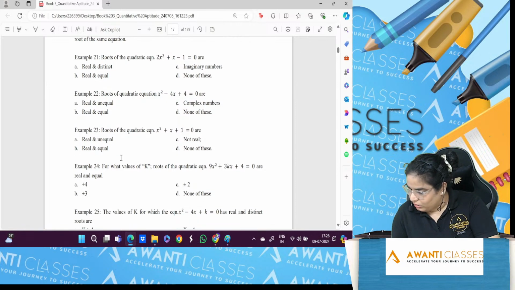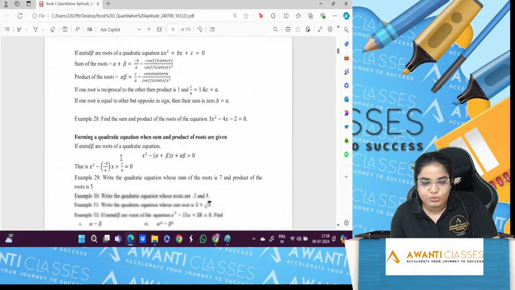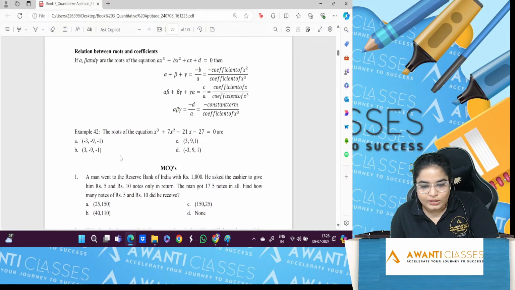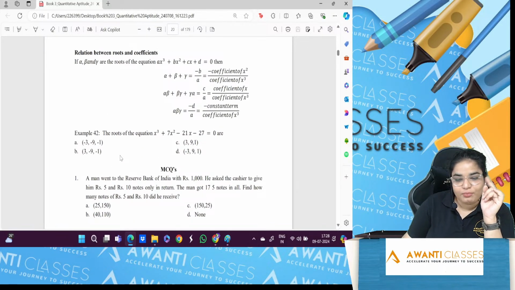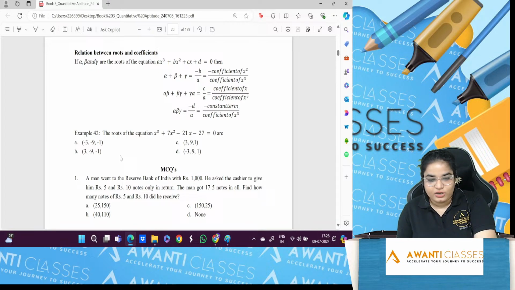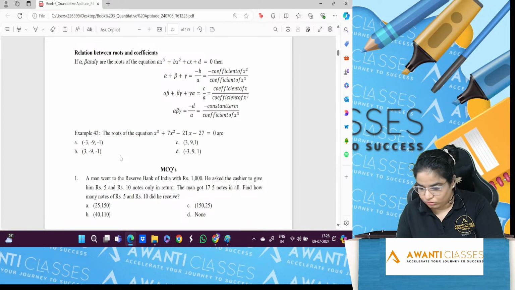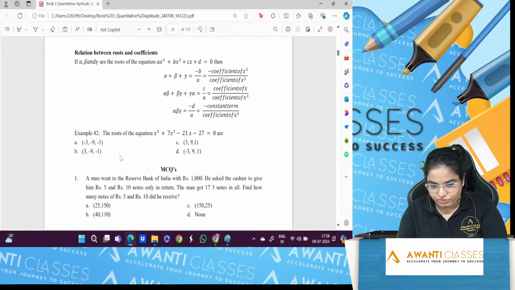Amazing, very good. Now page number 20, question number 42. This one option, if you remember, with 1 I did and I showed you yesterday. Yes, did you all solve? Did you all find anything? Yes or no? Do you get answers, all of you?